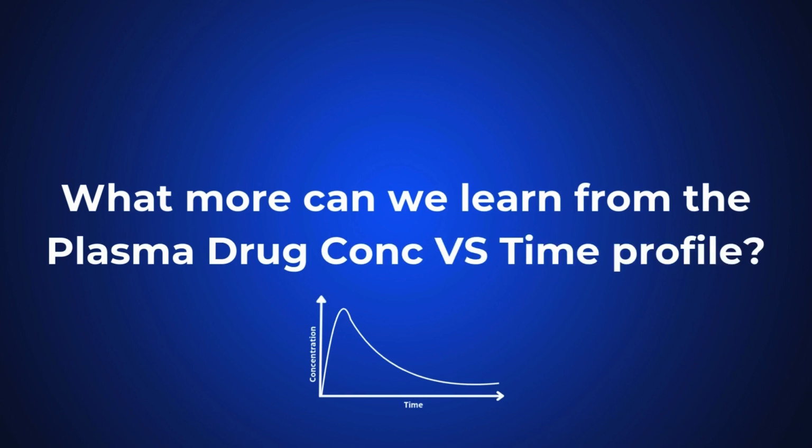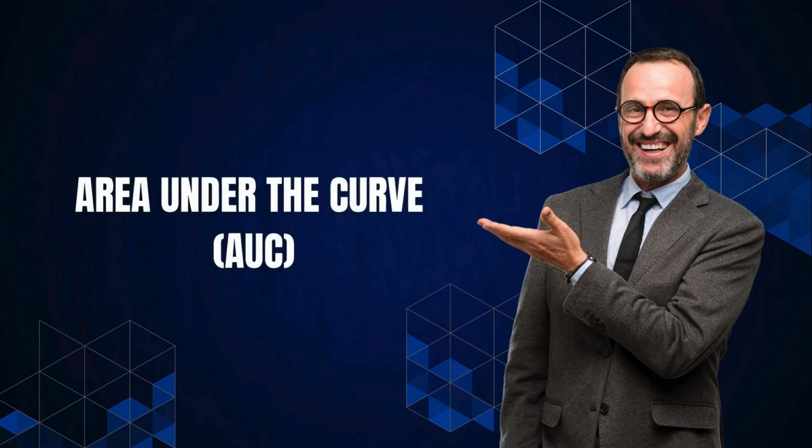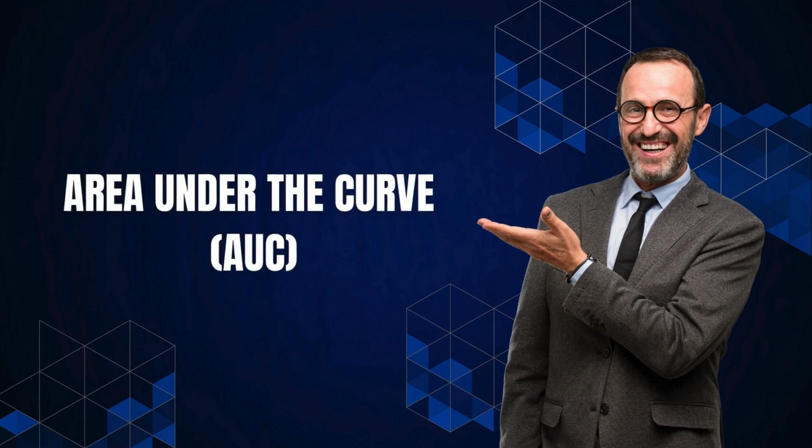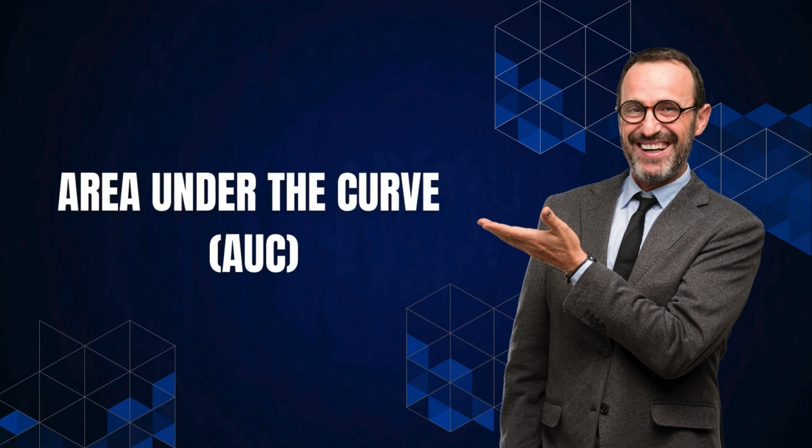What more can we learn from the plasma drug concentration versus time profile? Well, let me introduce another term, area under the curve, AUC. The area under the curve, AUC, is a measure of the total exposure your body has to a drug over time after you take it.